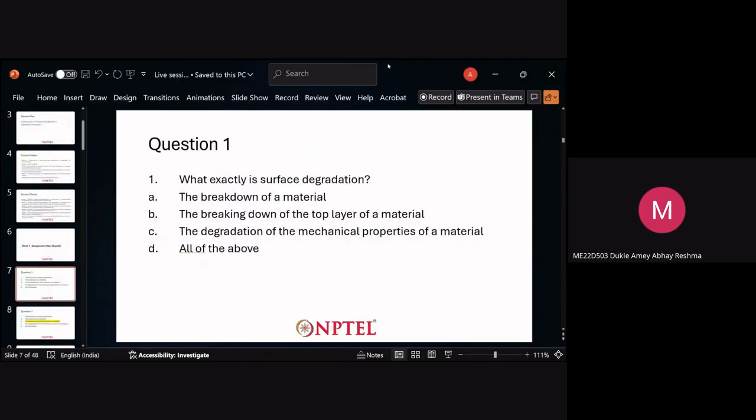The first question is, what exactly is surface degradation? Is it the breakdown of material, the breaking down of the top layer of material, the degradation of the mechanical properties of the material, or all of the above? Any guesses?